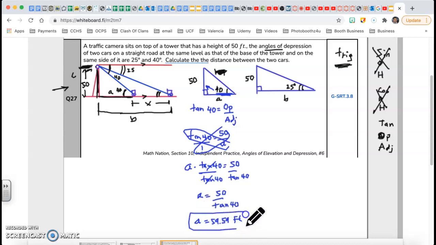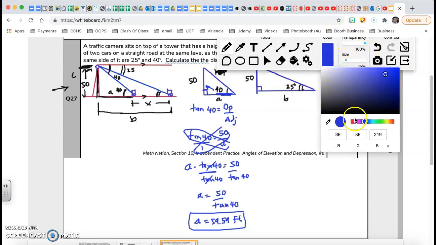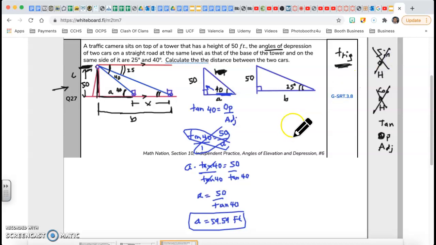Now let's find B with the same process. So change color, red or pink, whatever. Same process: tangent of my angle, which is 25, is equal to the opposite side, which is 50, divided by my adjacent.